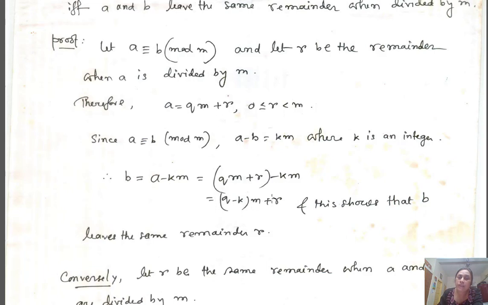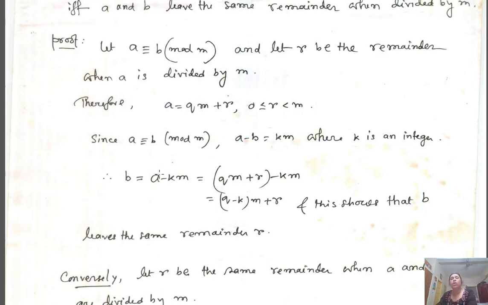Just substitute, and you can see that b can be written as some integer multiple of m plus r. Very simple proof. So b can also be written this way, with r in this range. It shows that b leaves the same remainder r.